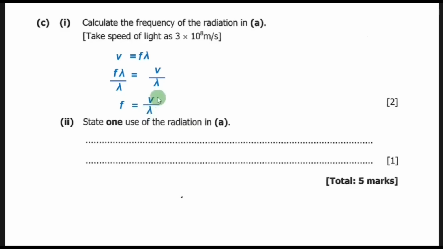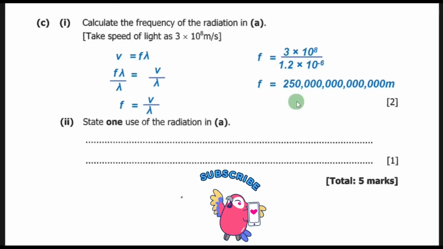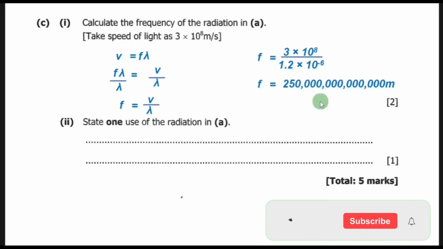Then what we'll do, frequency is equal to speed, which is 3 times 10 to the power 8, over the wavelength, which was 1.2 times 10 to the power negative 6. When you divide these, you get 250 billion.